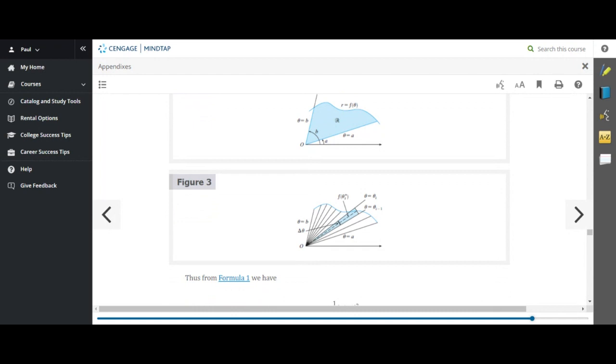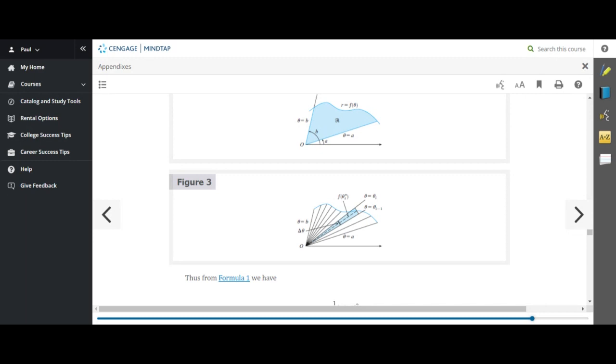So the different points along that polar curve have different radii, and in figure 3 they look at a typical sector. They draw out a radius to the curve, r equals f of theta sub i. The sector starts at angle theta sub i minus 1 and ends at theta sub i, and delta theta is the difference between those two angles.